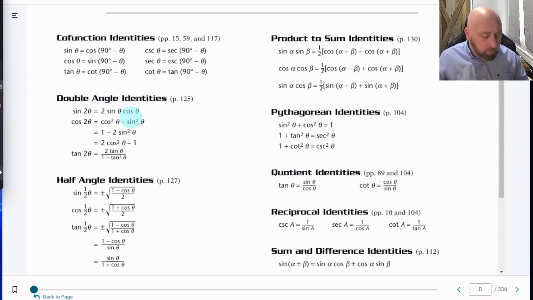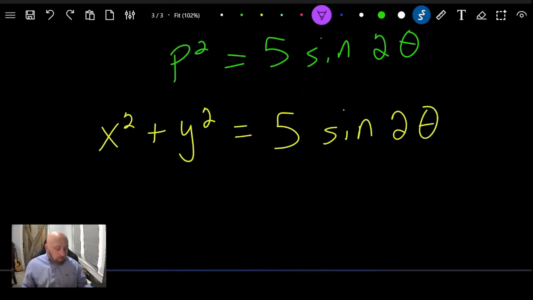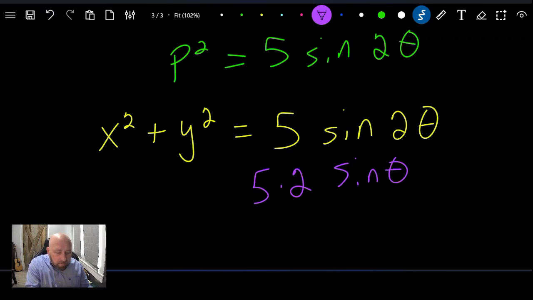That's important for us to use right here. So what we want to do is break this sine 2 theta down into 5 times 2, sine theta cosine theta.